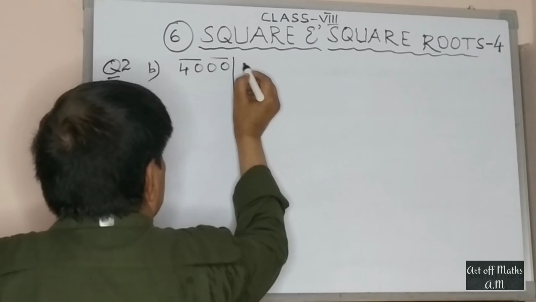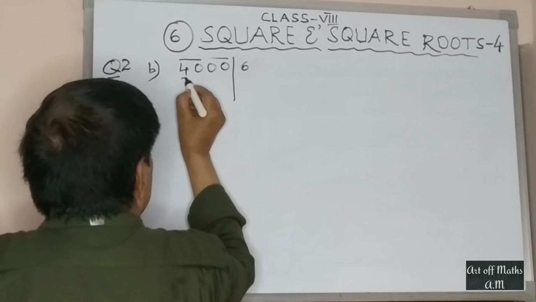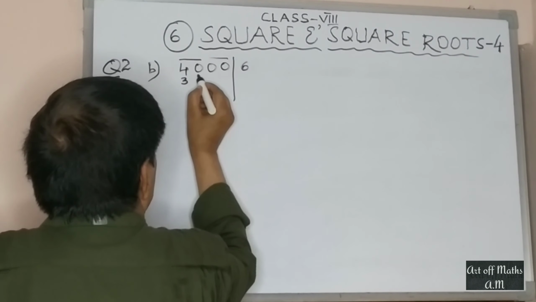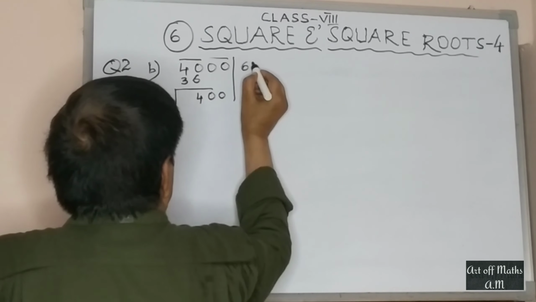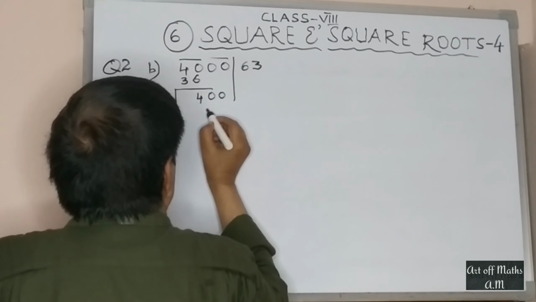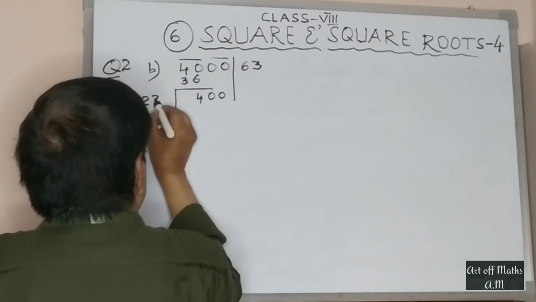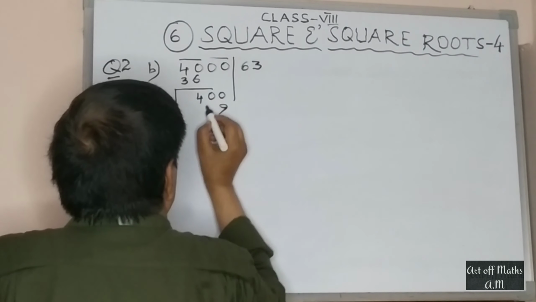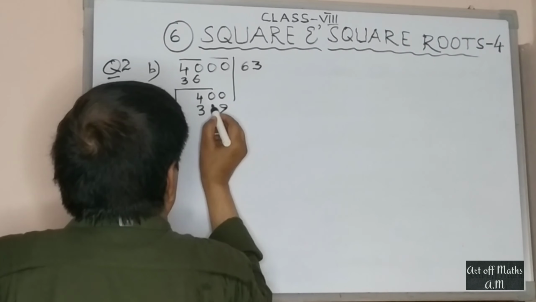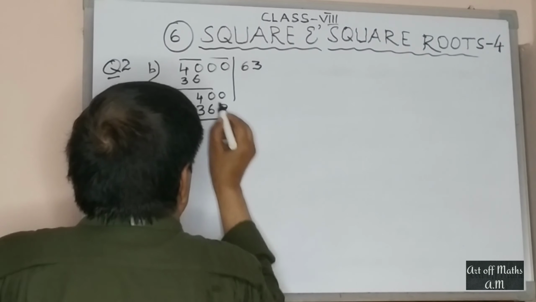6 6s are 36. 4 0 0. It will become double 12. 3. 31.